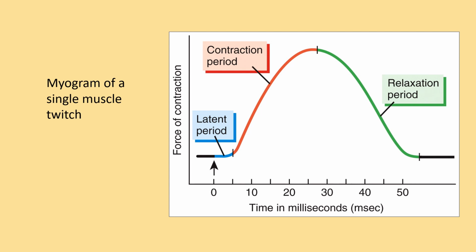So I hope you remember that during the latent period, the mechanisms of excitation-contraction coupling occur. And then we move into the next phase, which is the contraction period, shown here in red. During the contraction period, muscle tension increases. And following the contraction period, there's the relaxation period. During the relaxation period, muscle tension decreases and eventually goes back to the resting tension.